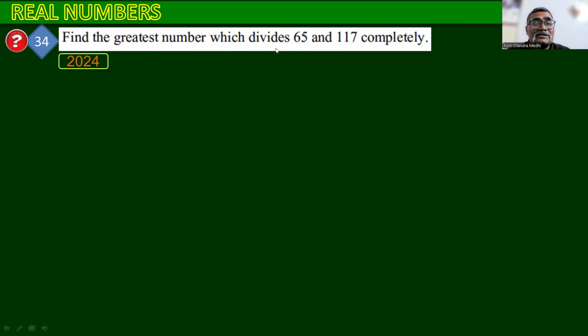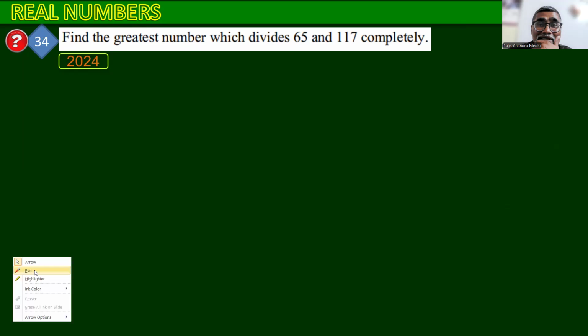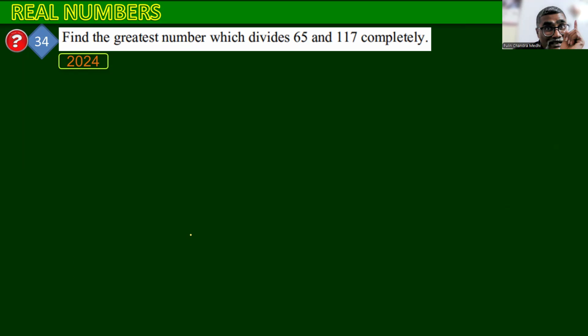Find the greatest number which divides 65 and 117 completely. Greatest number which is dividing them. It's not that the greatest number will be divisible by these two, right? Because there will be infinite numbers. There will be no fixed greatest number, right?